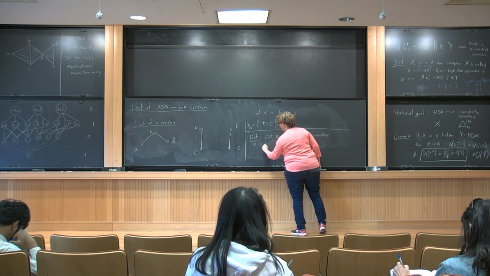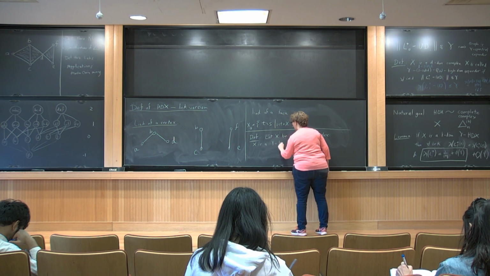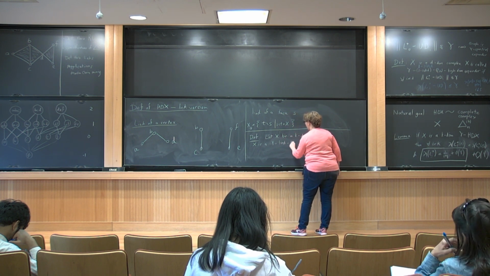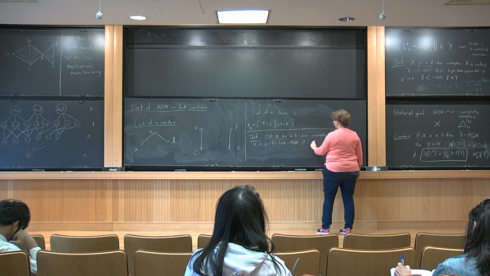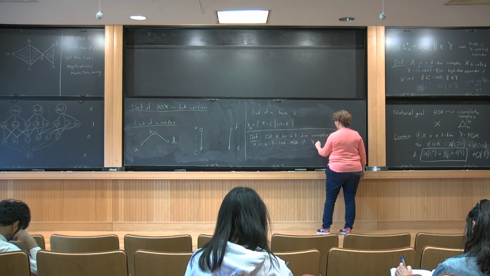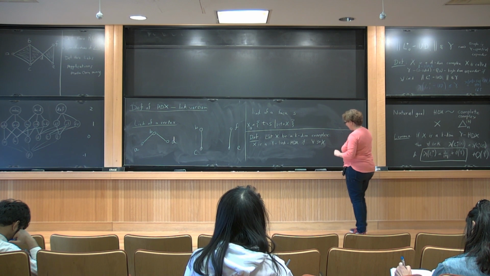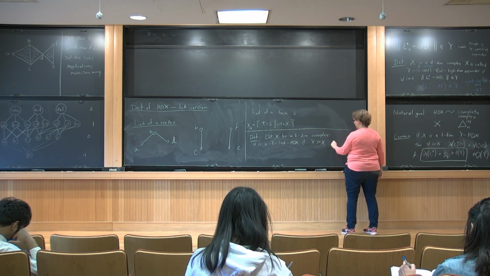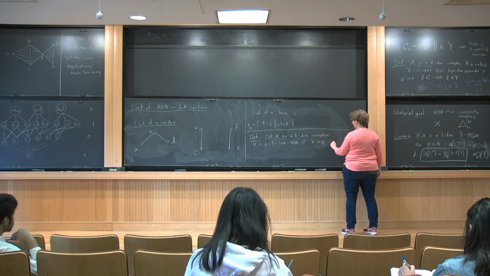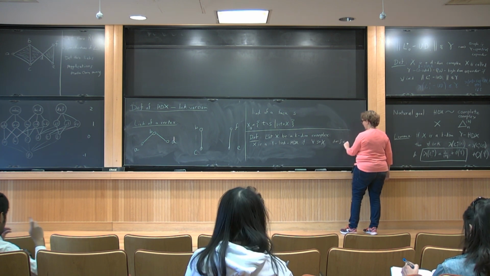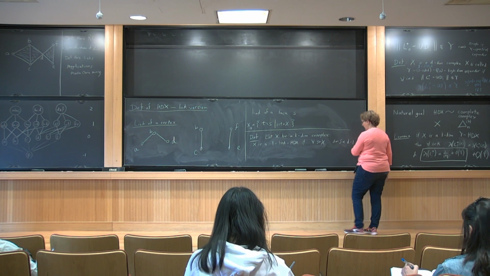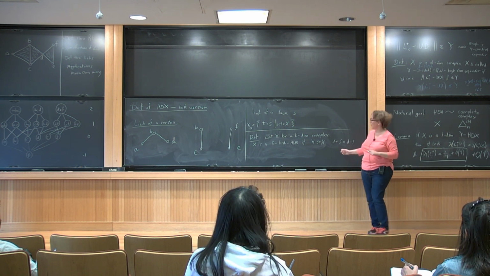X is a gamma link HDX if for every S, for every face of dimension less than k minus 1.